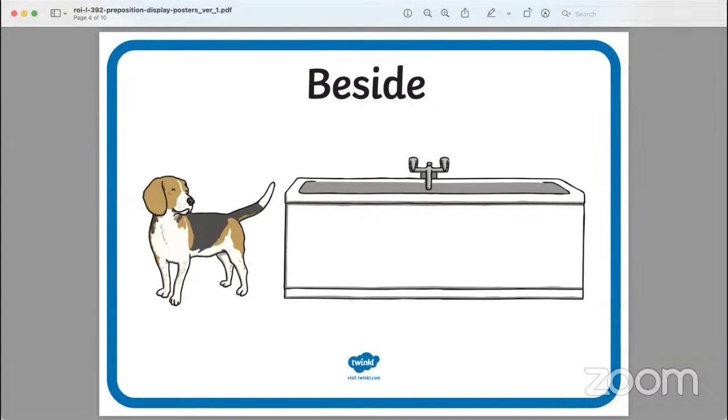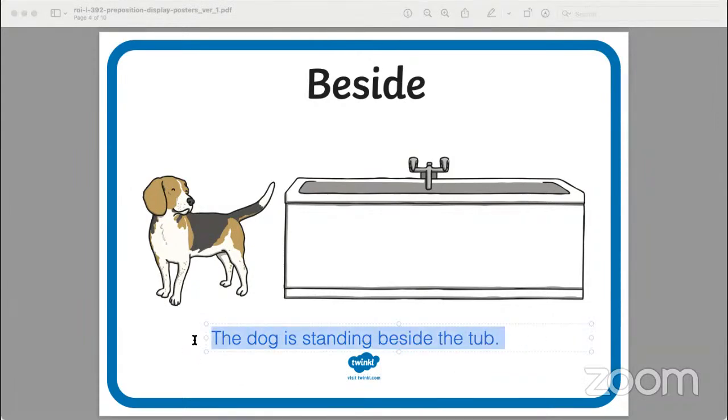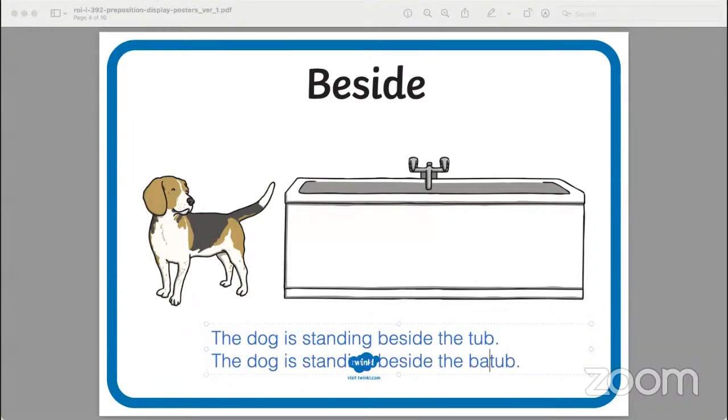Well done. So if any of you wrote tub or if you wrote the dog is standing beside the bathtub is also fine.